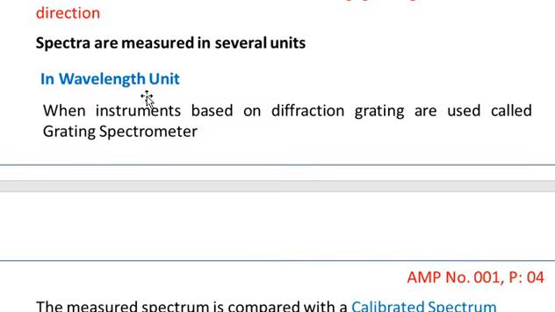In wavelength measurement, when instruments based on a diffraction grating are used, which we call a grating spectrometer, the measurement is usually given in terms of wavelength. It depends upon the use of the instrument. So using a grating spectrometer, we specify our measurements in wavelength units.